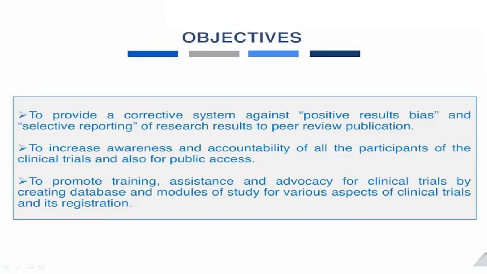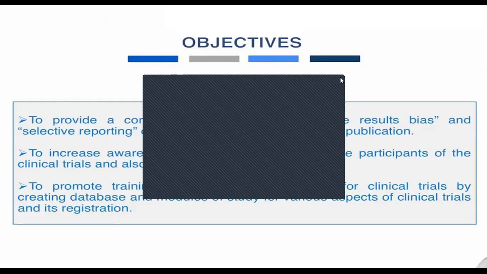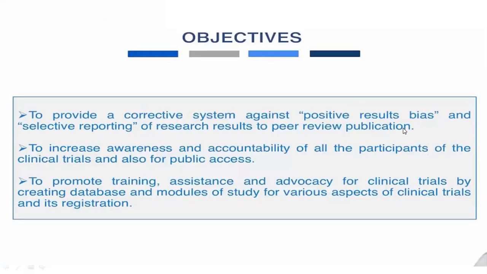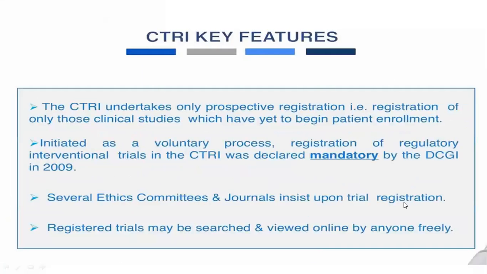Now you know how this works. Now you know what the different stakeholders are. Now you know what different information is required. Now you know how to carry out the process, right? So this is the part of this last objective, that is providing training and assistance, right? Okay, so all these are the different objectives of the CTRI.